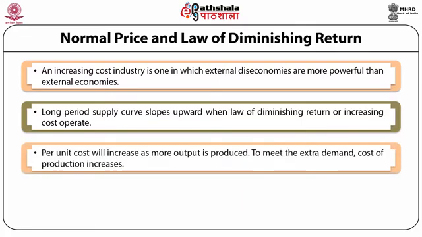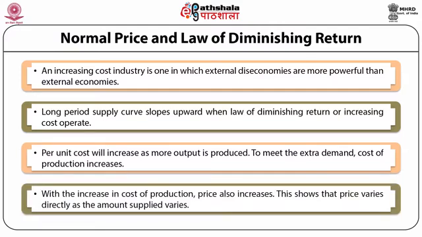Per unit cost will increase as more output is produced. To meet the extra demand, cost of production increases. With the increase in cost of production, price also increases. This shows that price varies directly as the amount supplied varies.